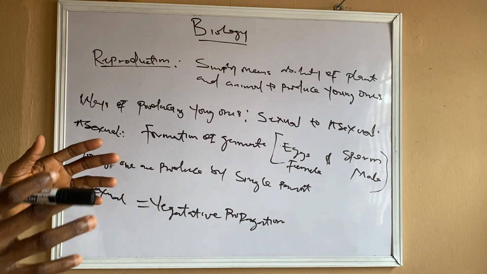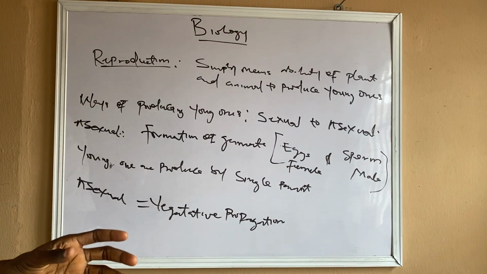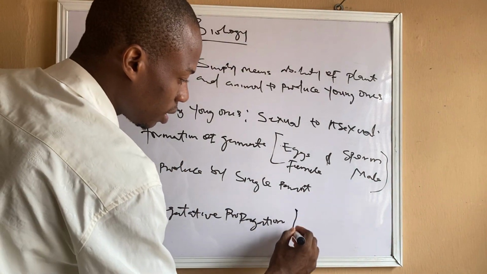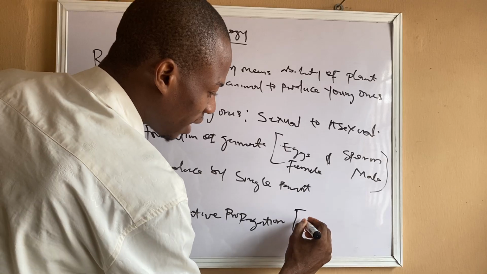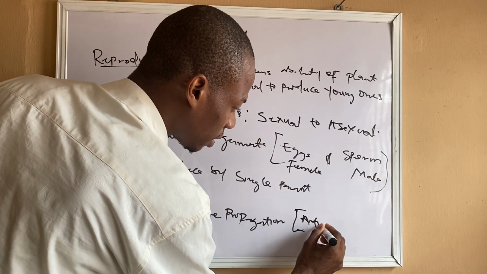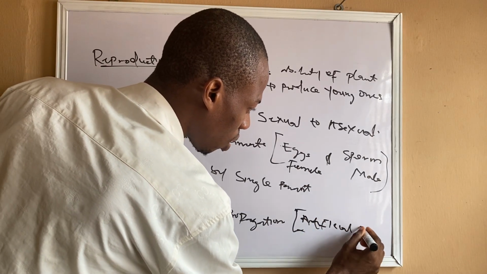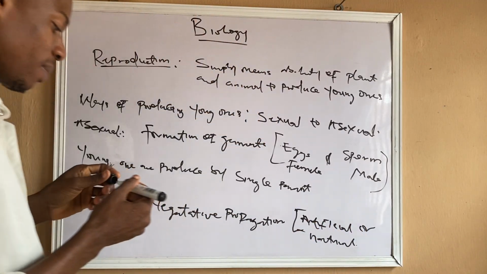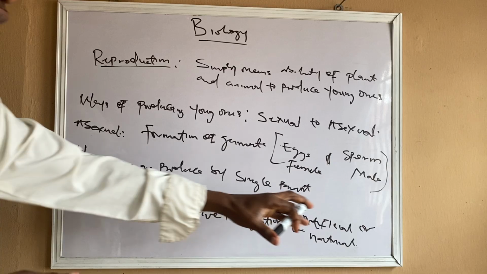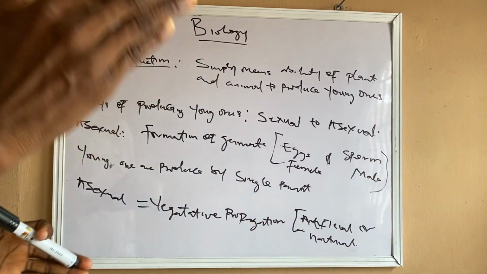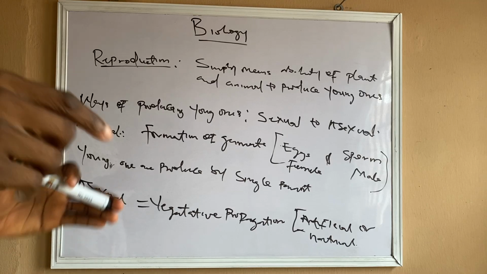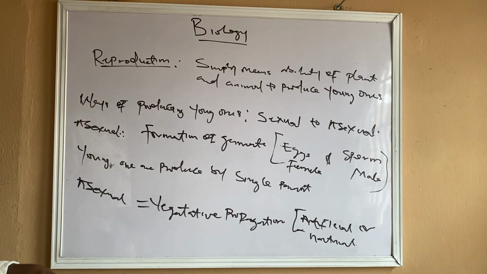What do I mean by the vegetative part? The plant itself, either by artificial means or natural means, will produce other young ones from the same parent plant.